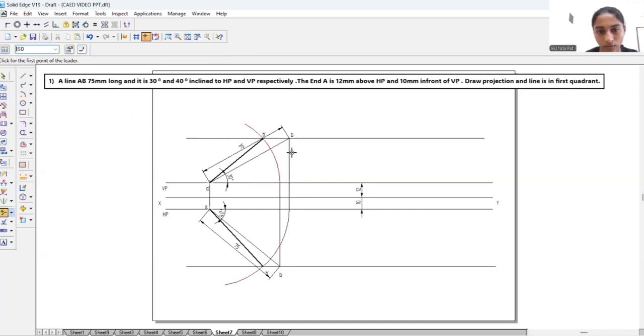It is going downside, like this. It is going outside, it's upside. So we will give it like this. Again here, we will give direction. Here also we will give direction.